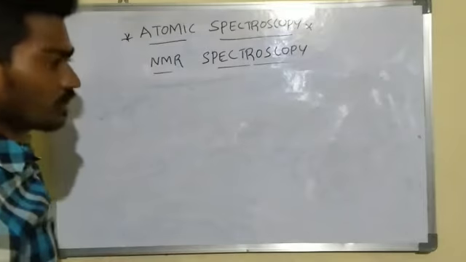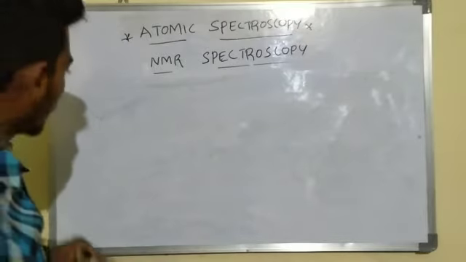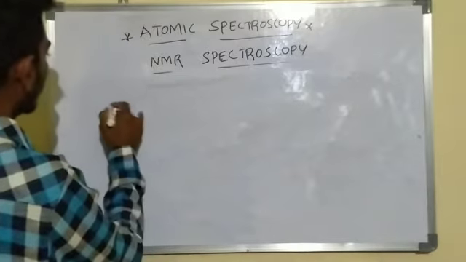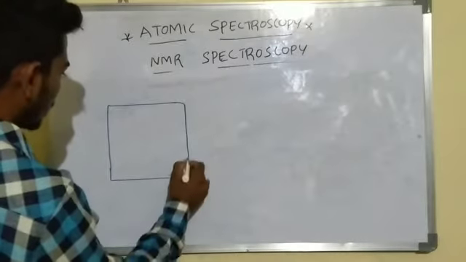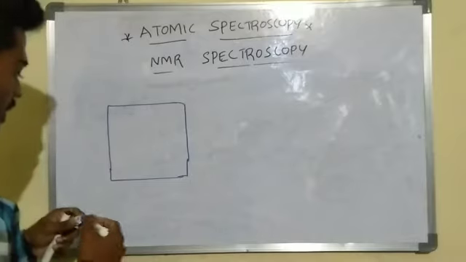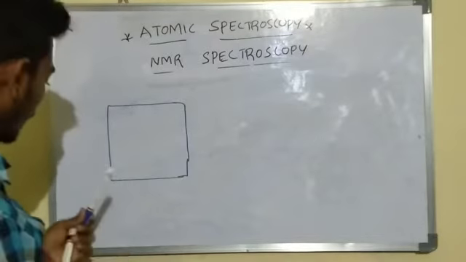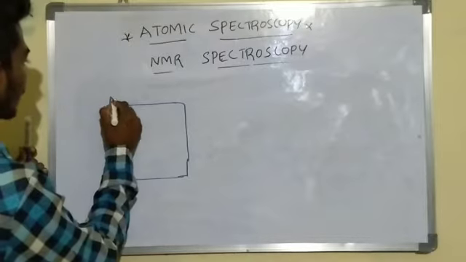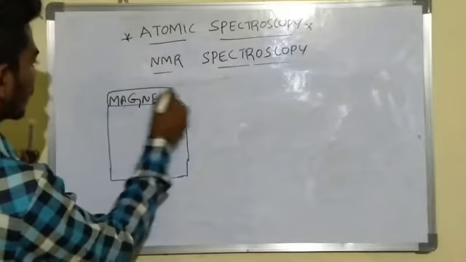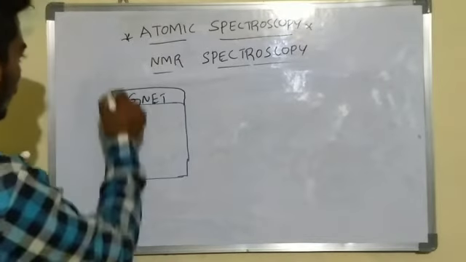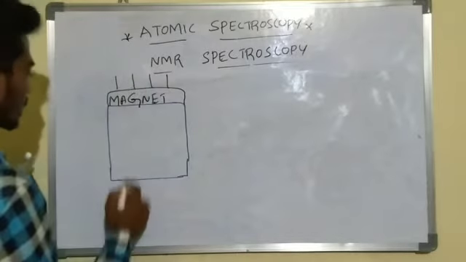And what is the working of NMR spectroscopy? Initially you take an NMR chamber. This is the NMR chamber. This NMR chamber always contains an applied magnet.